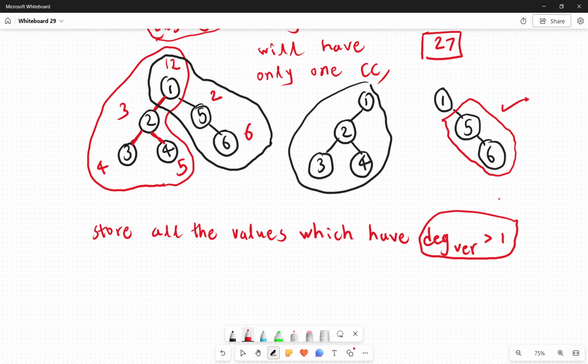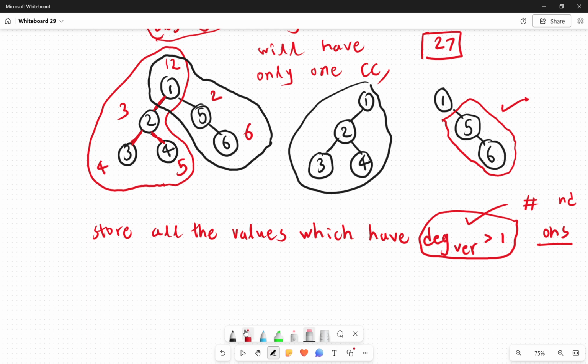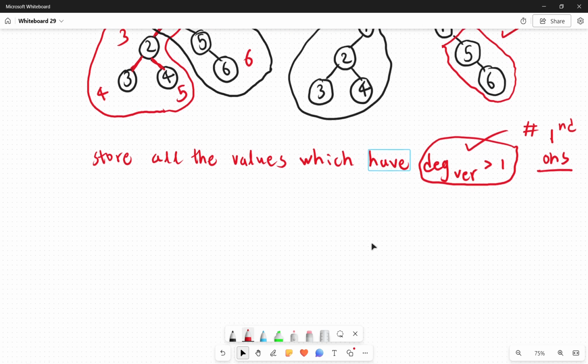I will store those because this comes from our first observation, so that only the leaf nodes won't contribute.